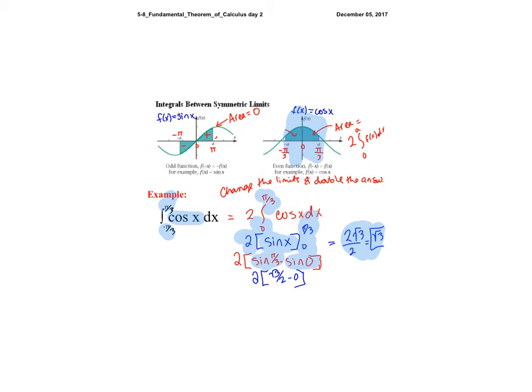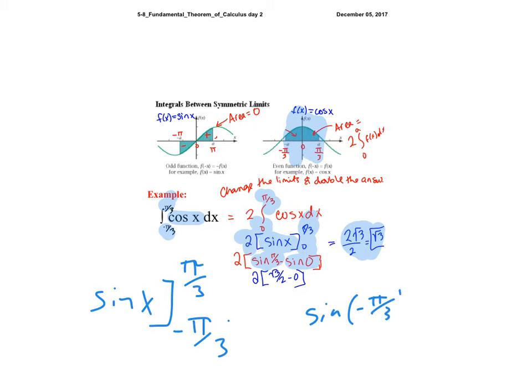But in this case, they didn't need to do this. They could have easily just said sine of x from -pi over 3 to pi over 3. Because as far as I know, sine of -pi over 3 is the same thing as negative sine of pi over 3.